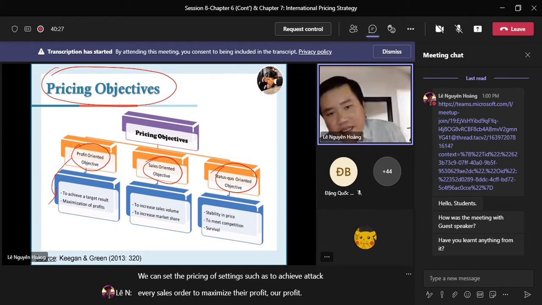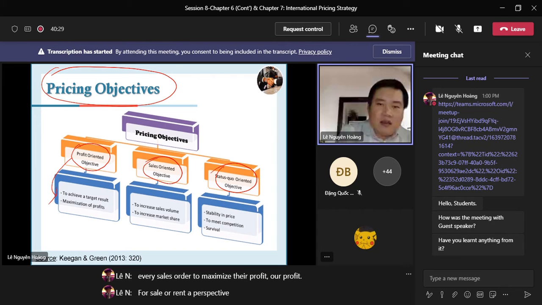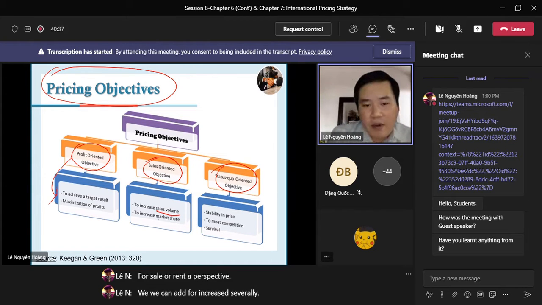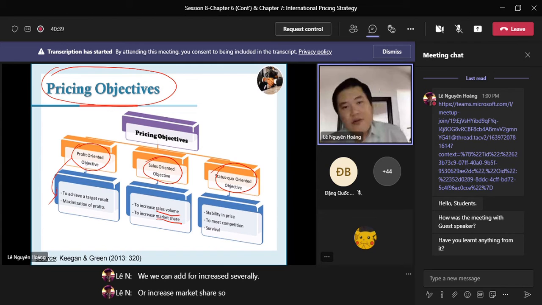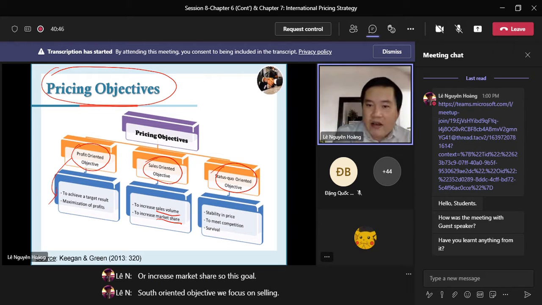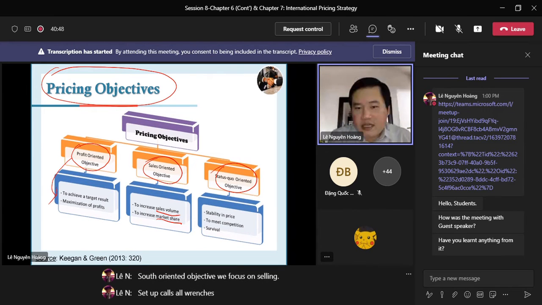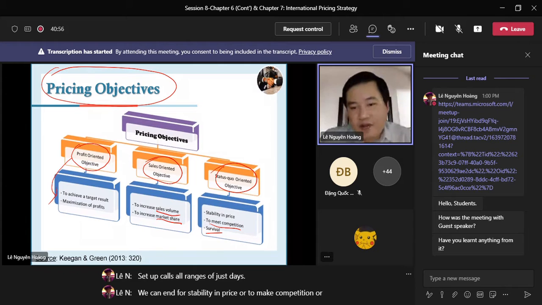For sales-oriented objective, we can aim to increase sales volume or increase market share. So this is called sales-oriented objective. We focus on selling. For status quo-oriented objectives, we can aim for stability in price, to meet competition, or simply survival.